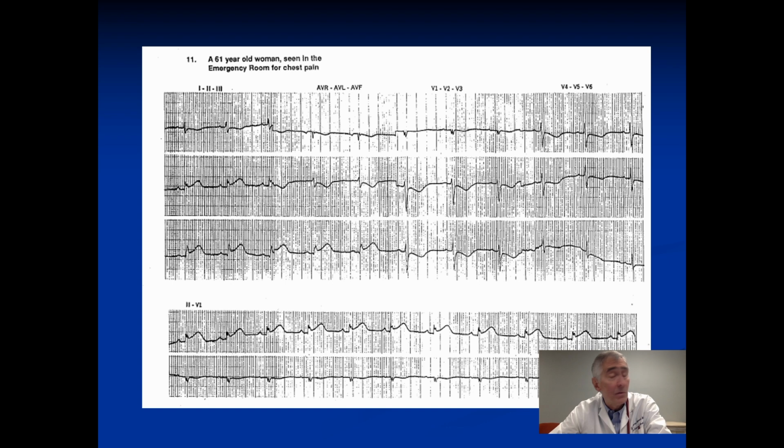We know from the history. So you have all of that information, and this person needs to be taken either to the catheterization laboratory or given lytic therapy, after assessing the clinical context.